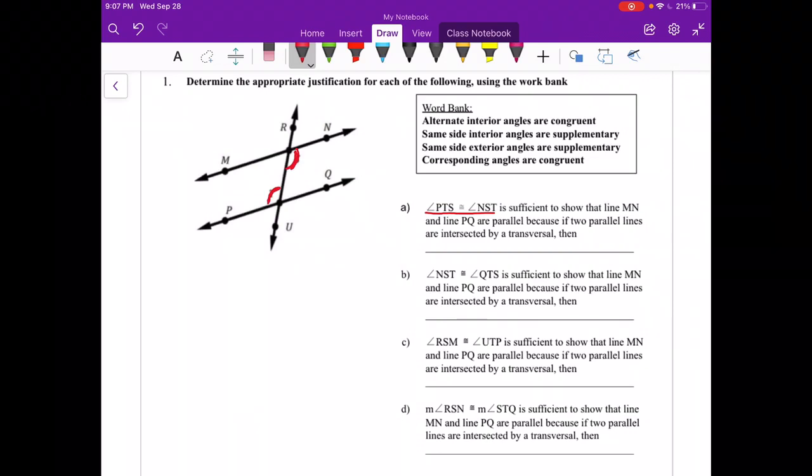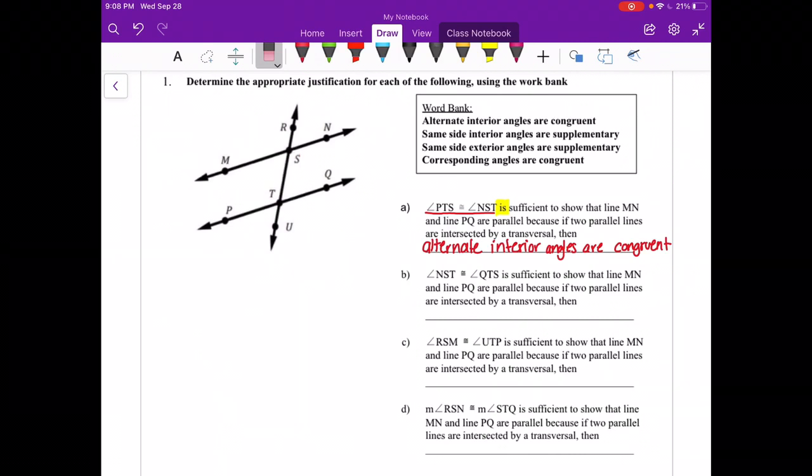So in this blank, we're going to fill in with the fact that alternate interior angles are congruent. And if you think about it carefully, two angles can only be interior if they're in between two parallel lines. So this information is sufficient to show that these two lines are parallel.